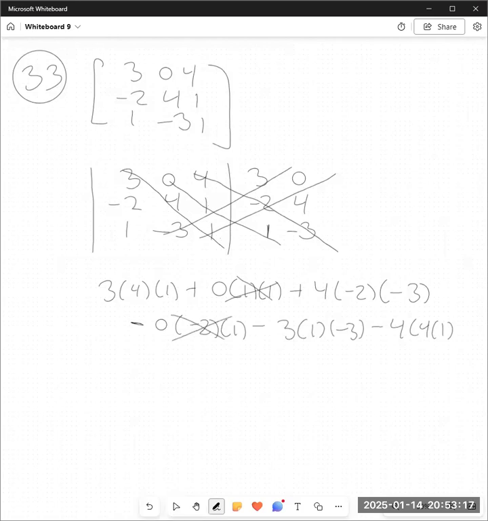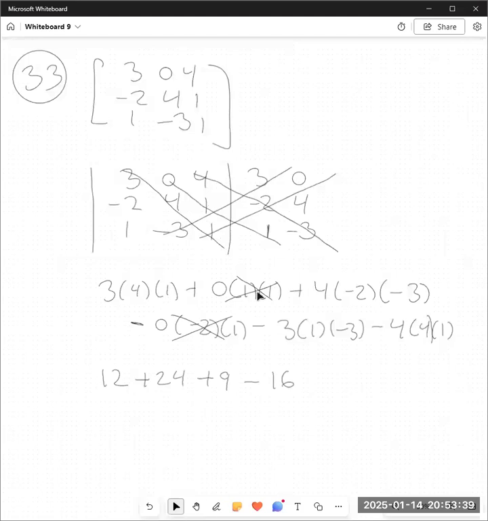3 times 4 times 1 is 12. 4 times -2 is -8. -8 times -3 is a positive 24. -3 times 1 times -3 is a positive 9. And -4 times 4 times 1 is a -16.